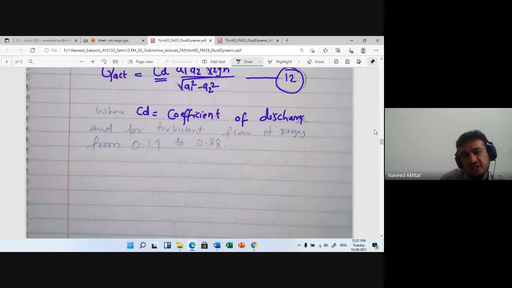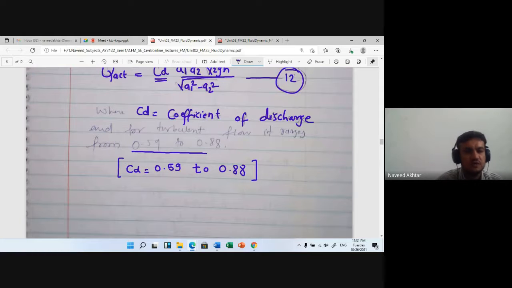But this one is in case of orifice meter. For turbulent flow, the CD value in case of orifice meter varies from 0.592 to 0.88.